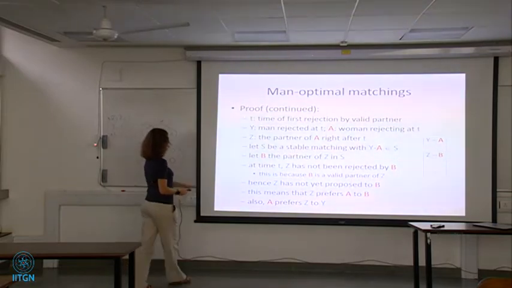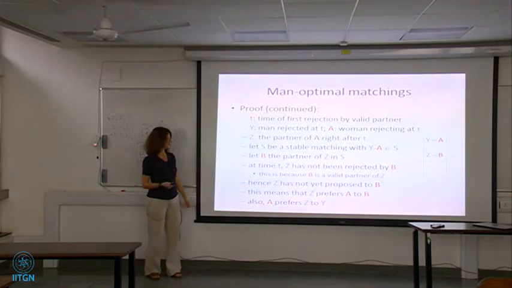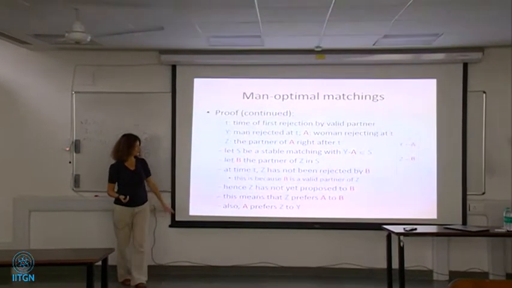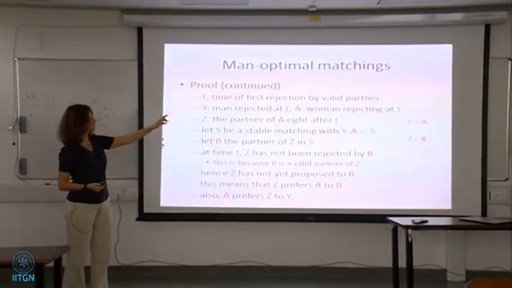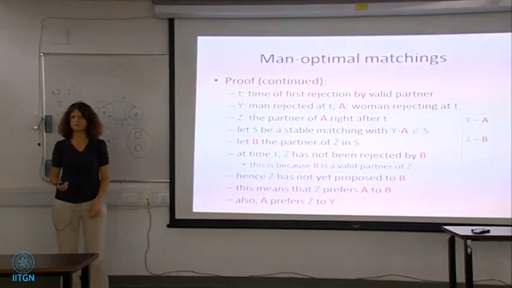Well, A prefers Z to Y because of what happened at time t. At time t, A rejected Y in favor of Z. She rejected Y, and her partner after that is Z. This means that she prefers Z to Y. And therefore A and Z together prefer each other to their current partners in that matching. So therefore that matching is unstable.